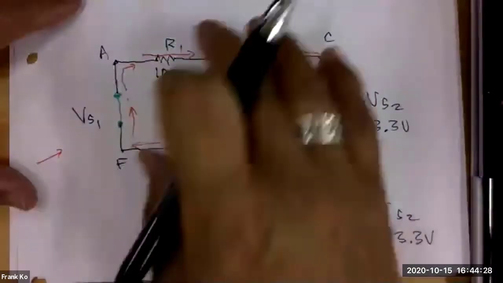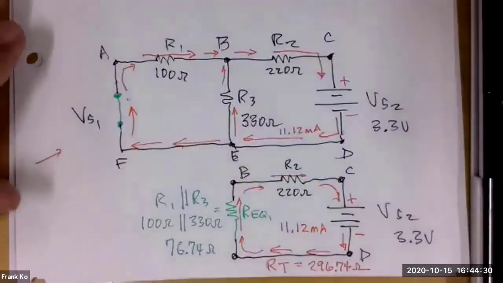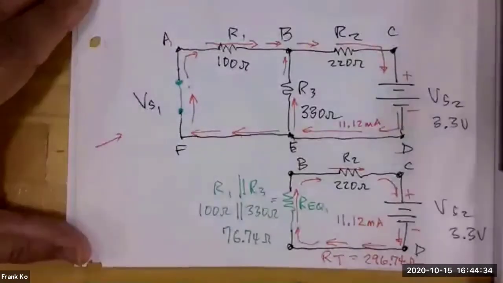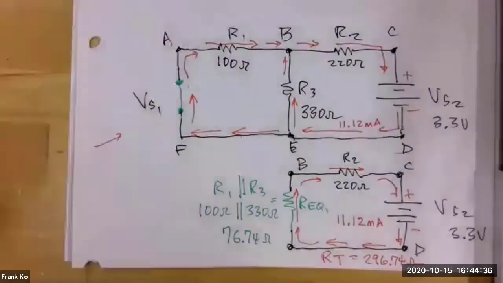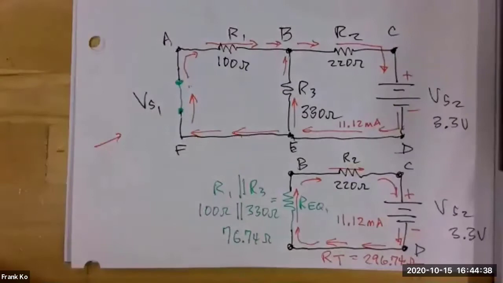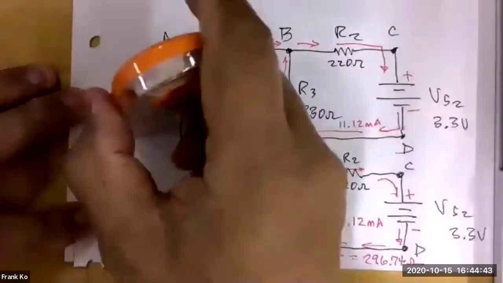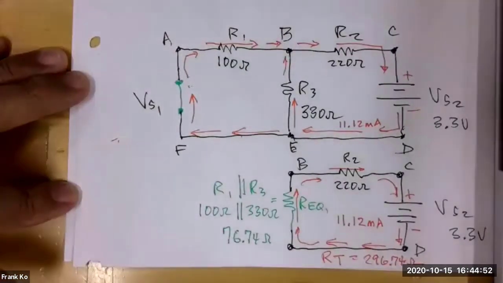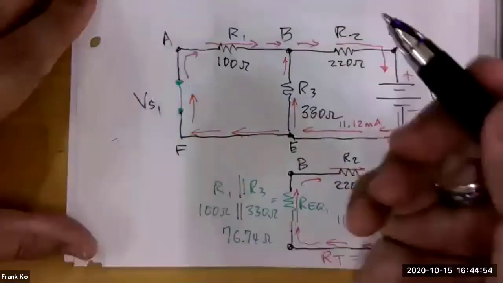And the two currents are calculated using, again, the current divider formula, like what we've done before. If I want the current that flows through R1, let's go ahead and do that.